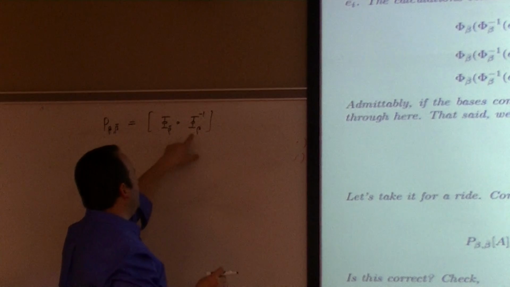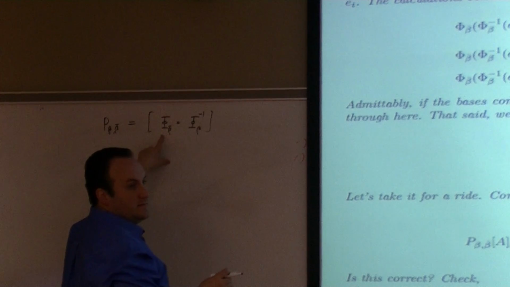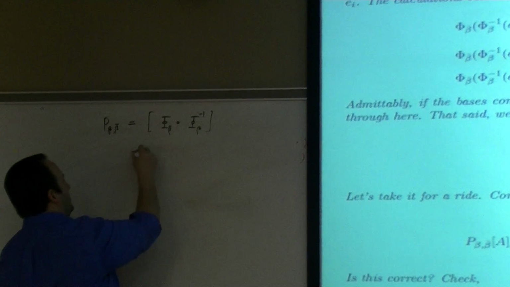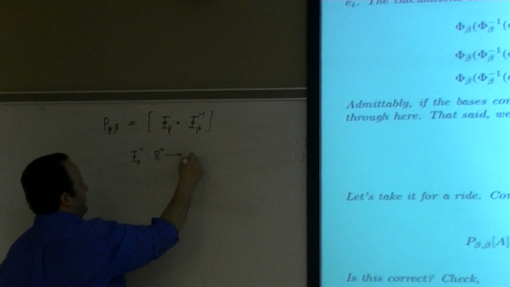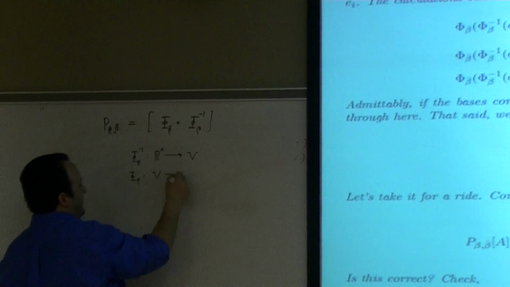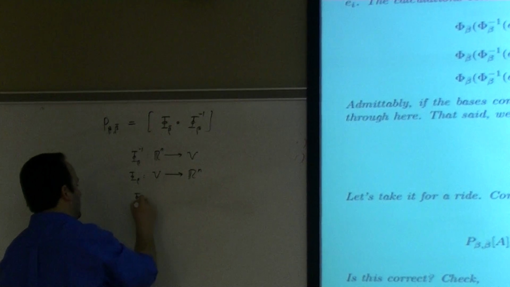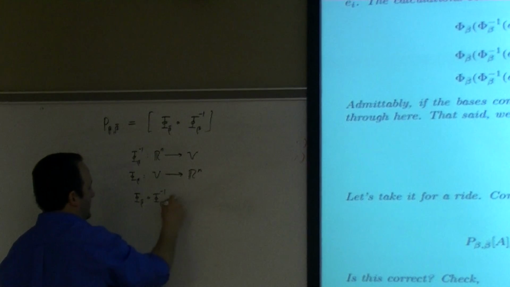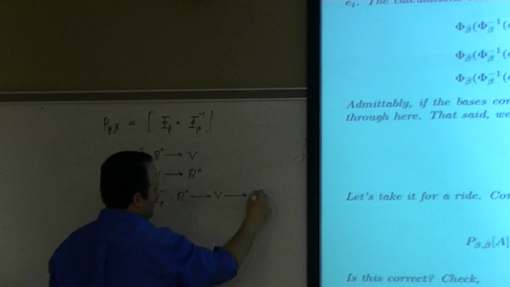You notice that phi beta bar composed with phi beta inverse is a mapping from Rn to Rn, right? See that? Phi beta inverse is going from Rn to V, and then phi beta bar is going from V to Rn. So it's going from Rn to V and back to Rn again, right?